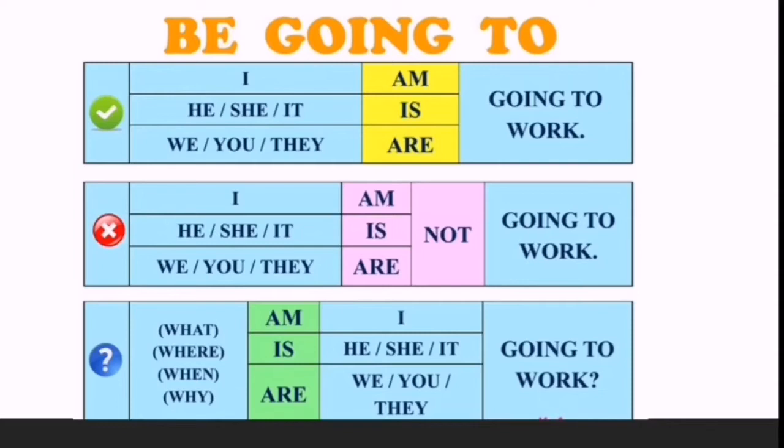Then if we're going to use it in the negative form, we say I am not. So we need to add not. Okay? He, she, it is not. Or remember that we can say the contracted form, that is isn't.